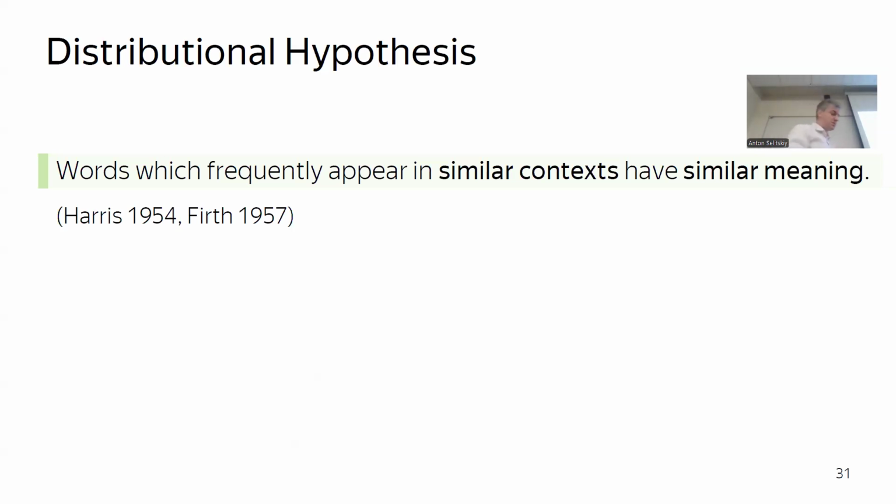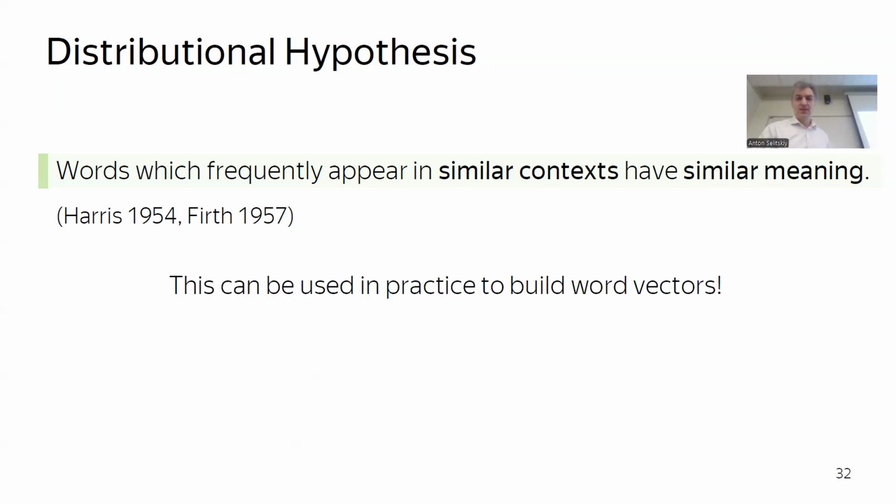This hypothesis says that if we see two words very frequently in the same context, then these words are similar. Now, we will use this hypothesis in practice when we convert our words into vectors.